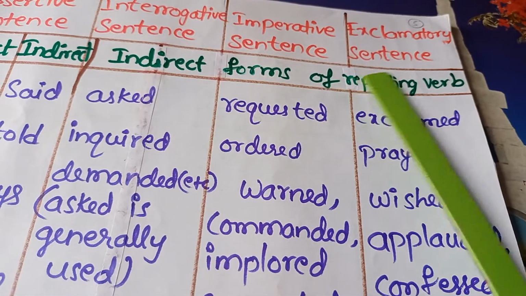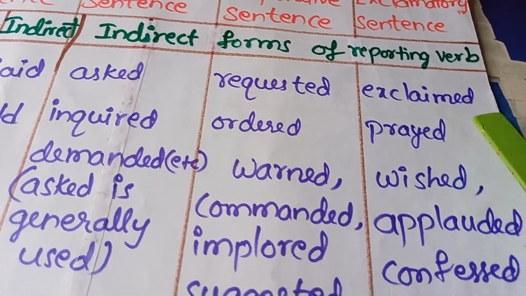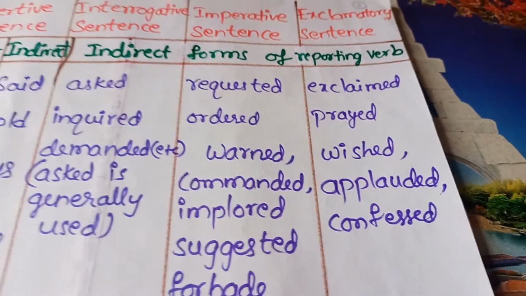In exclamatory sentences, instead of said, we have to use exclaimed, prayed, whispered, applauded, confessed.